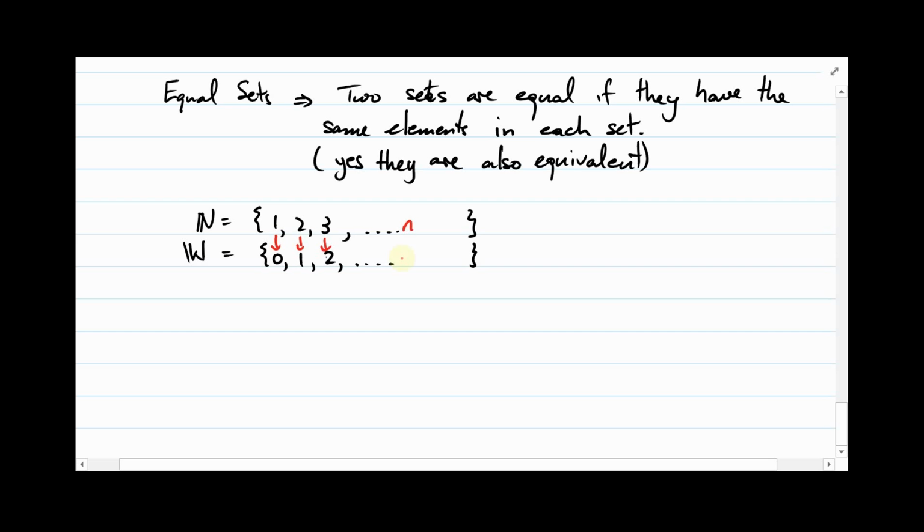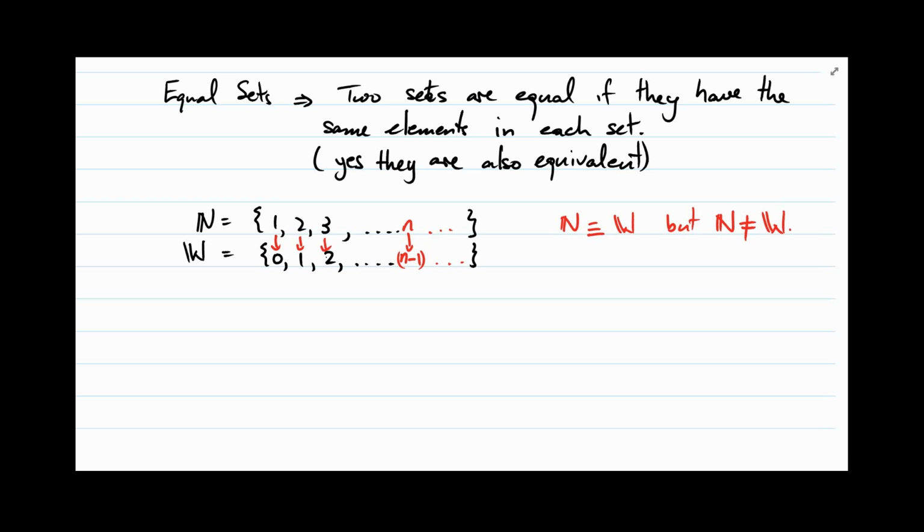Whatever n is there, then it would be, say, n minus 1 down here. And I could make up a formula that went with each, right? So we are able to do this. So set N is equivalent to set W, but set N is not equal to set W. All right, I think we have exhausted that a bit.